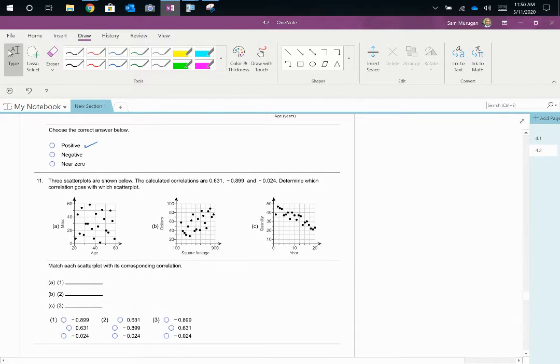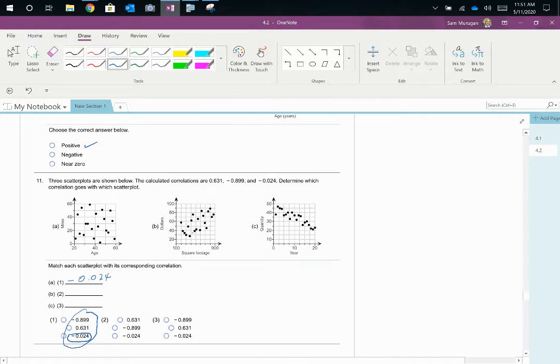Matching scatter plots here. So we're given some numbers to choose from. In the first case, this data is very scattered. It might almost be a weak correlation. So we're going to pick the one that's closest to zero, which is negative 0.204.